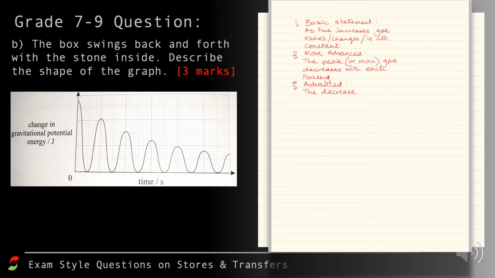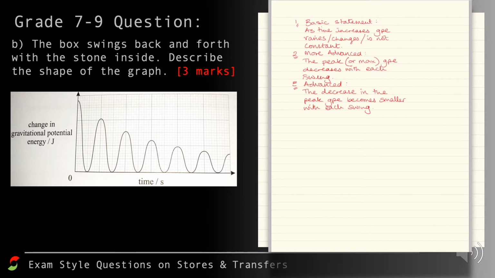If we look at each of the maximum GPE values, the difference between the first 2 peaks is large, and each of those drops then get smaller and smaller and smaller. So what we could say is that the decrease in the peak values is smaller and smaller with each swing.